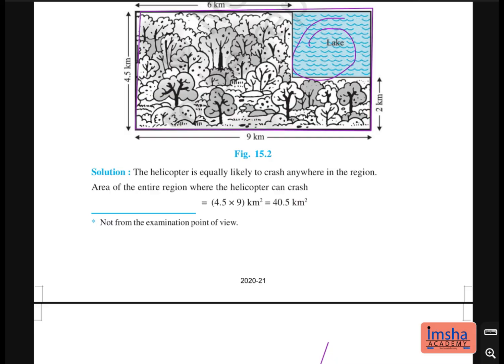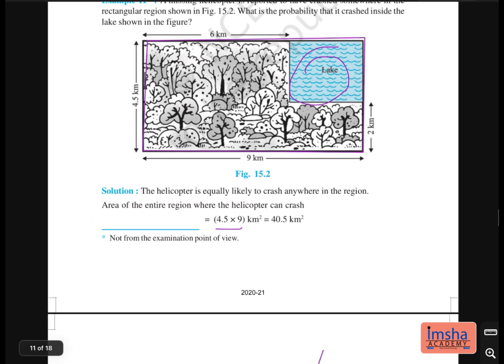The entire region where the helicopter can crash is 4.5 into 9 kilometers, because 4.5 is the width and this is 9 kilometers.